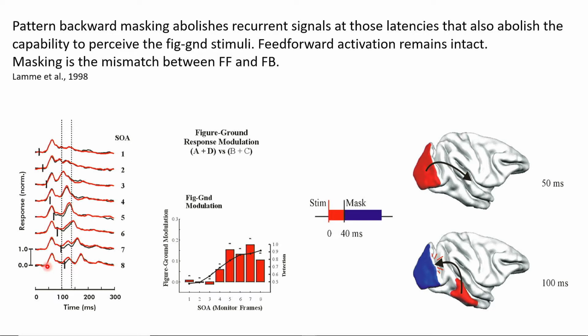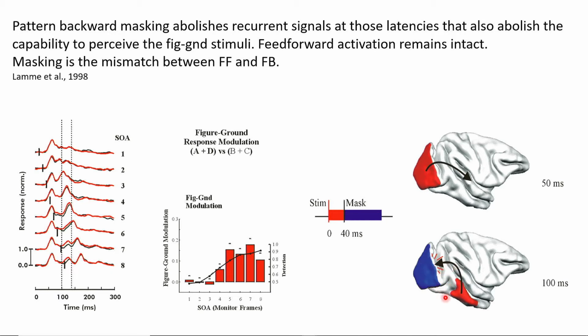And that also suggested a mechanism for masking, which we conjectured as follows. You present a stimulus, which activates primary visual cortex, and this activity is fed forward to higher level visual areas. Normally this activity would then reach back to primary visual cortex, but now, because of the mask, activity in primary visual cortex is no longer about this first stimulus, but about the mask.